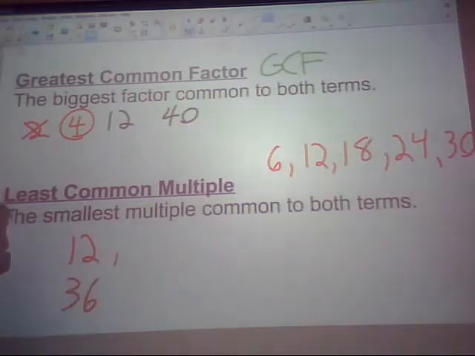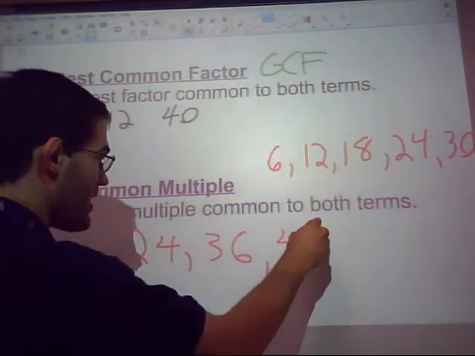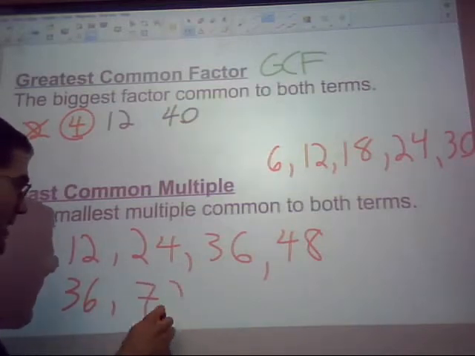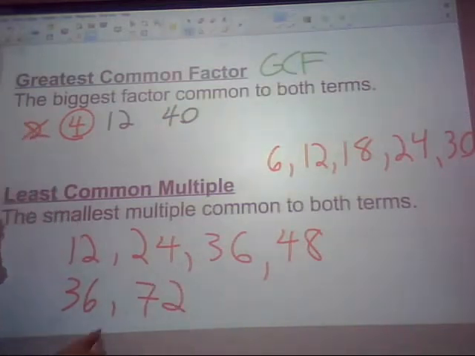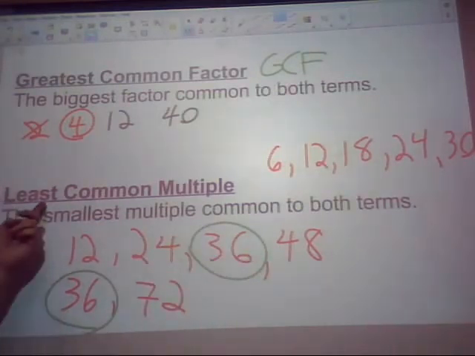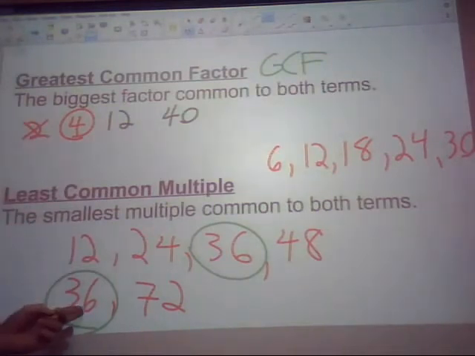So 12 times 2 is 24, 12 times 3 is 36, 12 times 4 is 48. You could write out some of the multiples of 12, and then do the same thing for 36. 36 times 1 is 36, 36 times 2 is 72. Well, hey, wait a minute. We didn't even have to go very far. 36 is in common. So the least common multiple of 12 and 36 is 36.